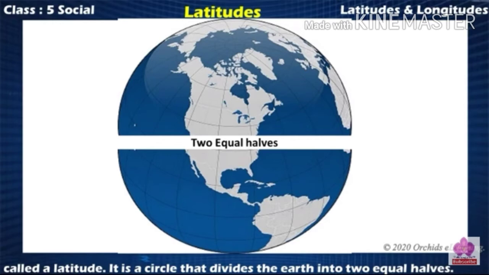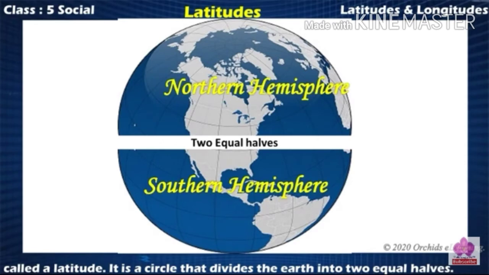The Arctic Circle lies at 66.5 degrees north of the equator. The Antarctic Circle lies at 66.5 degrees south of the equator. The North Pole lies at 90 degrees north and the South Pole at 90 degrees south of the equator.